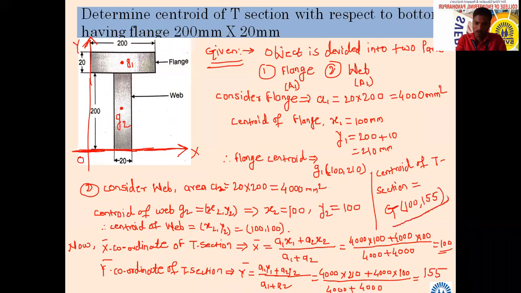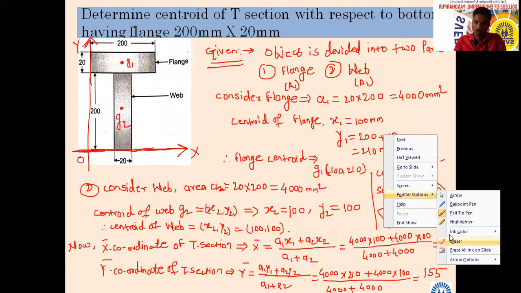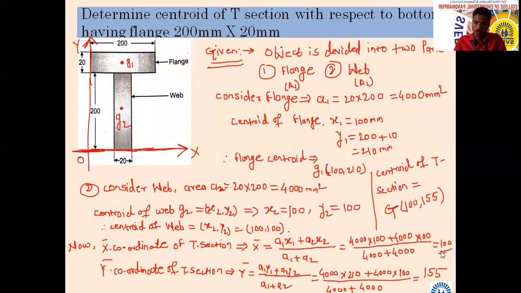So this will be your answer. Centroid of this figure will be this. Centroid is equal to 100 and 155, centroid will be at this. Are you with me? Very simple. I hope you are understanding the things. Any problem? Very simple. In this way, if you divide the diagram and if you find, it is very easy.